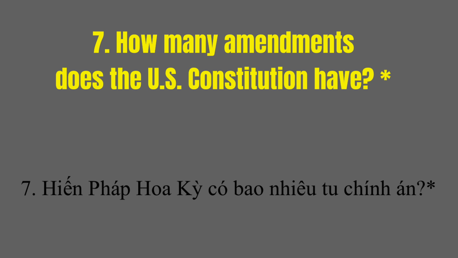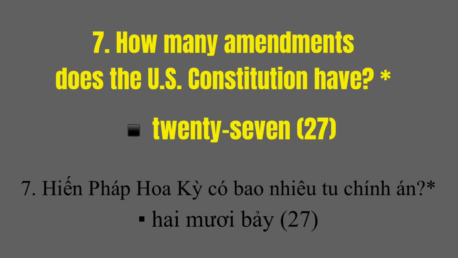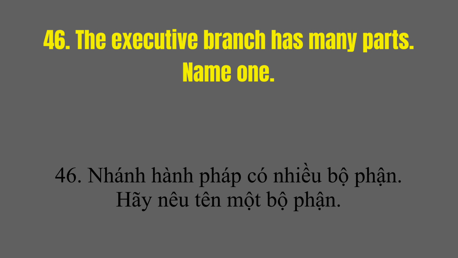How many amendments does the U.S. Constitution have? 27. The executive branch has many parts. Name one. President.